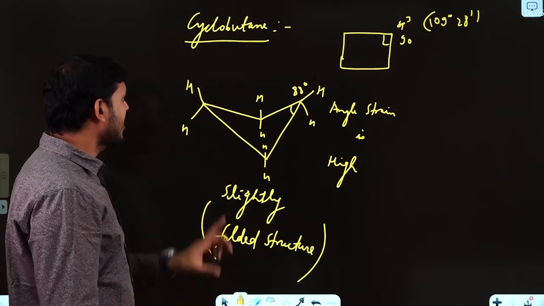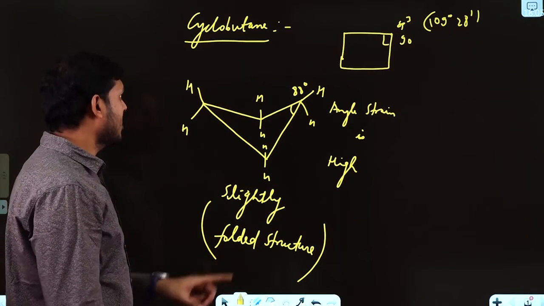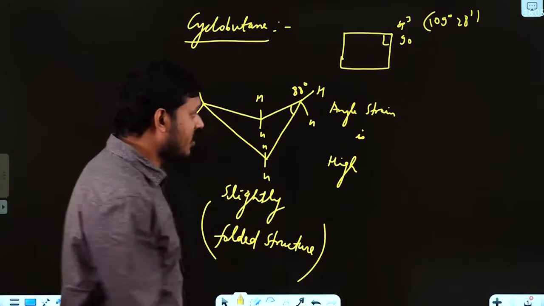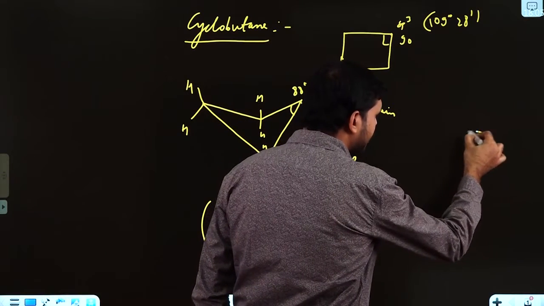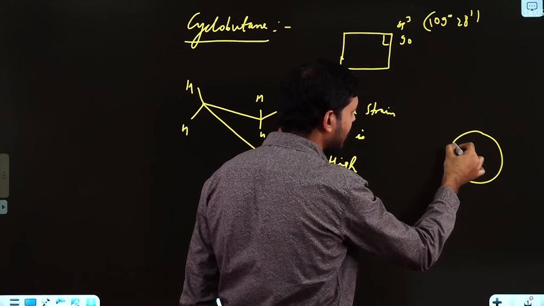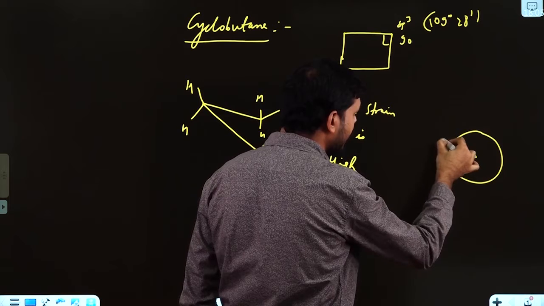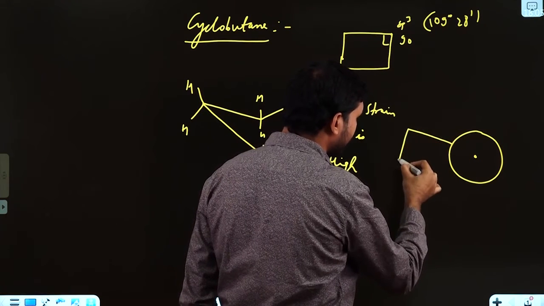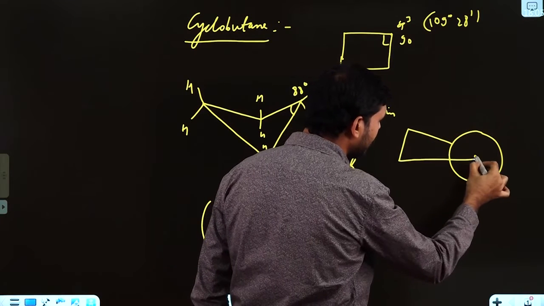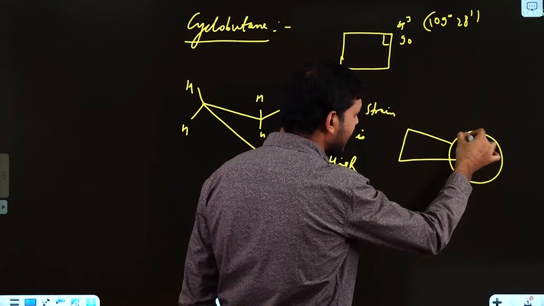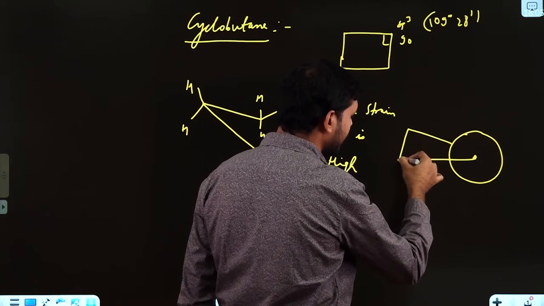Now if you are asked to draw the Newman projection formula of cyclobutane, how will you draw? Across any of the carbon, suppose you say. Okay, so you observe, suppose this is front, this is back. So here if I say this is one carbon and this is another carbon, so it is like this. Okay, this carbon is front 1, this is back 2, this is 3 and 4.